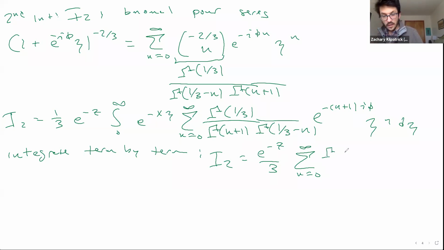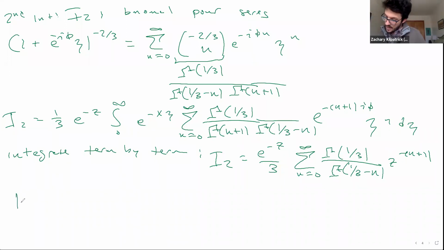And you end up with gamma of 1/3 divided by gamma of 1/3 minus n, and then you get a z to the minus (n plus 1) from this, and also the z that comes from e to the minus x, multiplied by e to the i phi there.